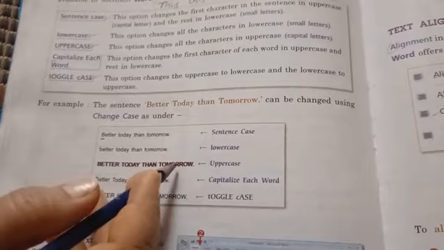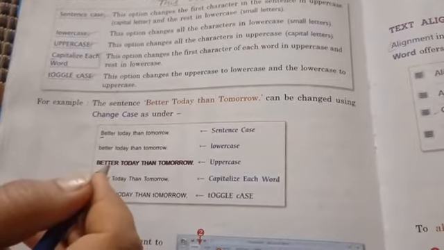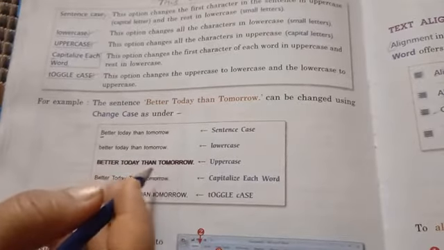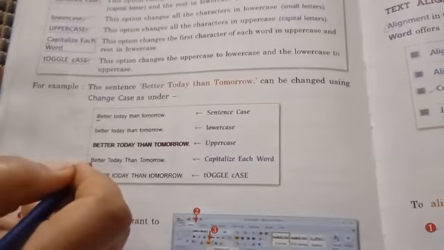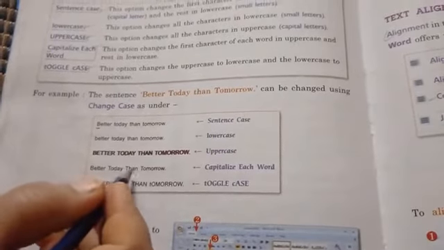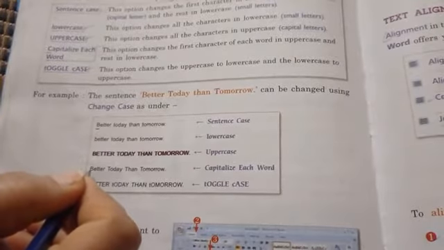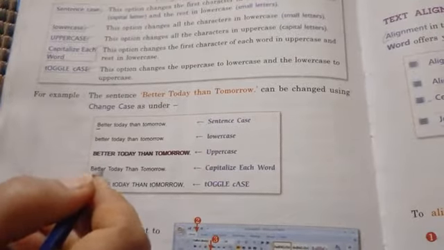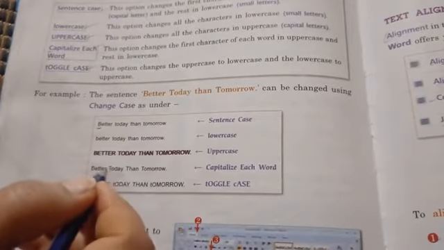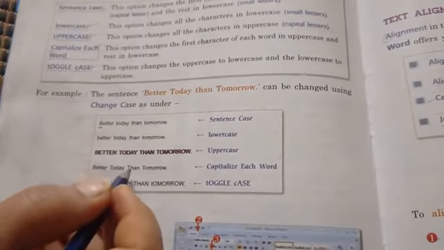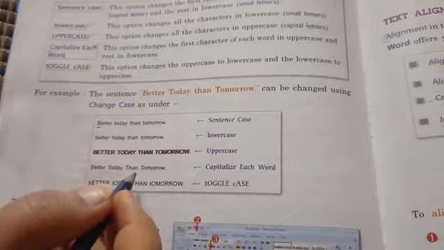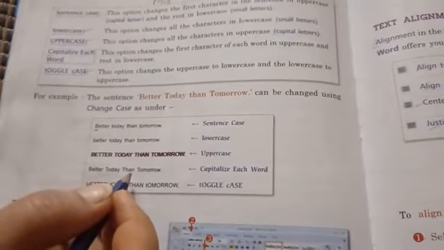All are in capital letters. That means it is uppercase. B is capital, T is capital, T capital and T capital, means the first letter of every word is capital. That means this is capitalize each word.